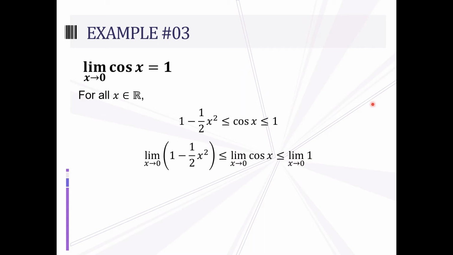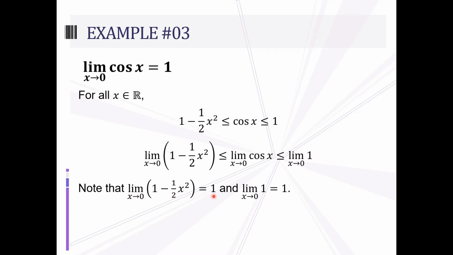So if we take the limit of that, we have the limit of cosine x as x approaches 0 is greater than or equal to the limit of the quantity 1 minus 1 half x squared but less than or equal to the limit of 1 as x approaches 0. Note that yung limit ng quantity 1 minus 1 half x squared, since polynomial to, pwede lang nating ipasok yung value ng x.